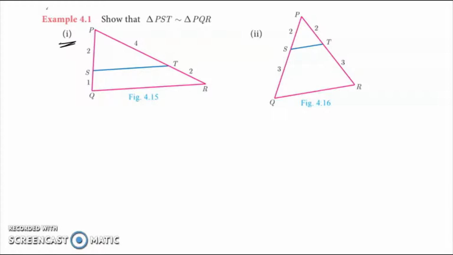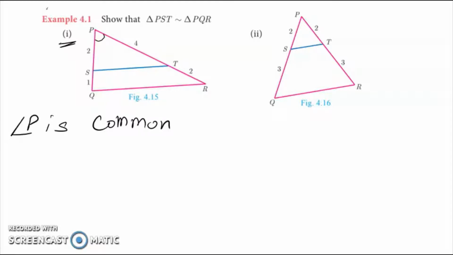So from the given information, we can say that if we are able to prove that these two sides are proportionate to each other, because P is already common to both of them, so we can say angle P is common.